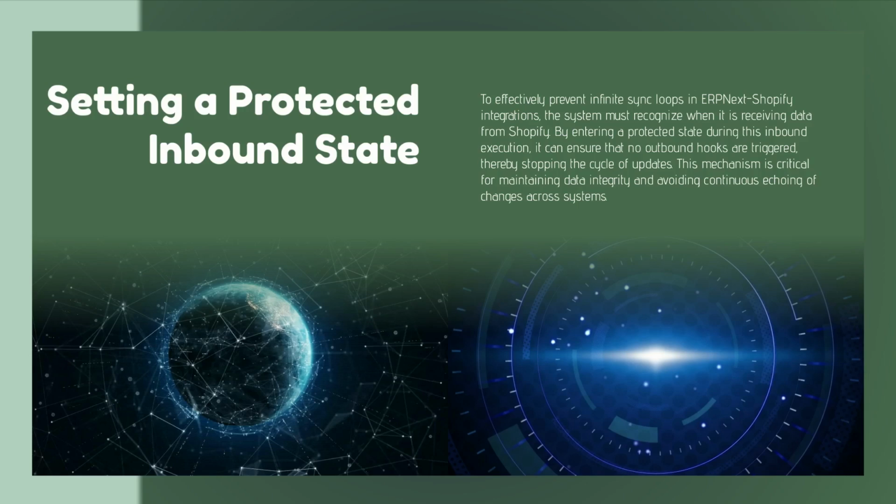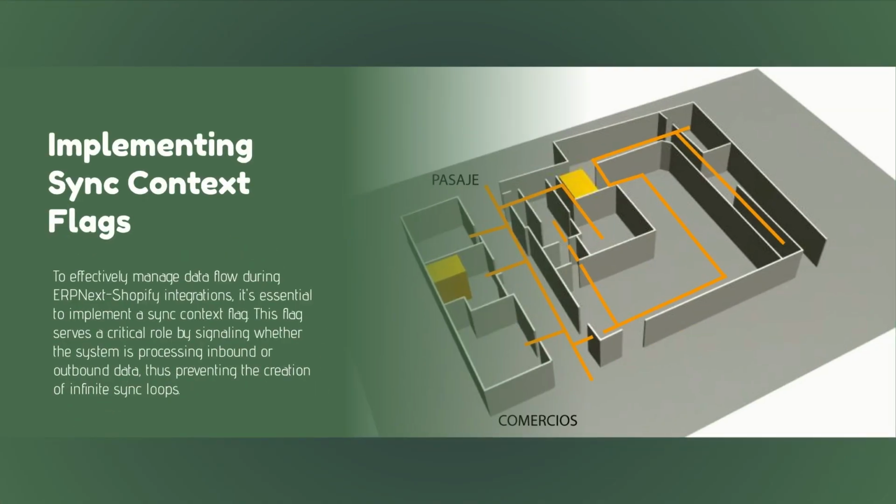And when you update something in ERPNext, it is supposed to be aware that it is sending the data, so it is going to trigger an outbound hook to Shopify. But when ERPNext is self-aware and knows that it is receiving data, it is not supposed to trigger an outbound hook back to Shopify.